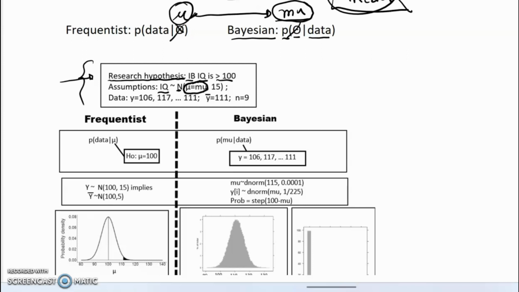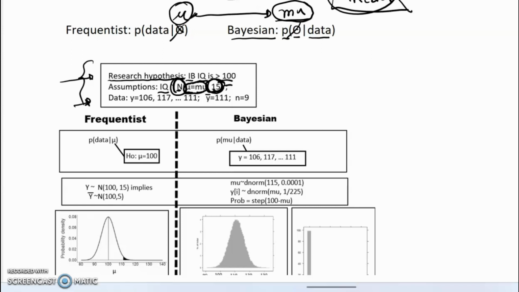We're trying to draw inferences about this mean that can be represented in either one of those two ways, but we're going to assume that IQ is normally distributed with standard deviation 15. We've been doing IQ tests for a long period of time, so we have a pretty good idea what this number is. By assuming that the standard deviation is 15, I can use a normal distribution rather than a t-distribution.